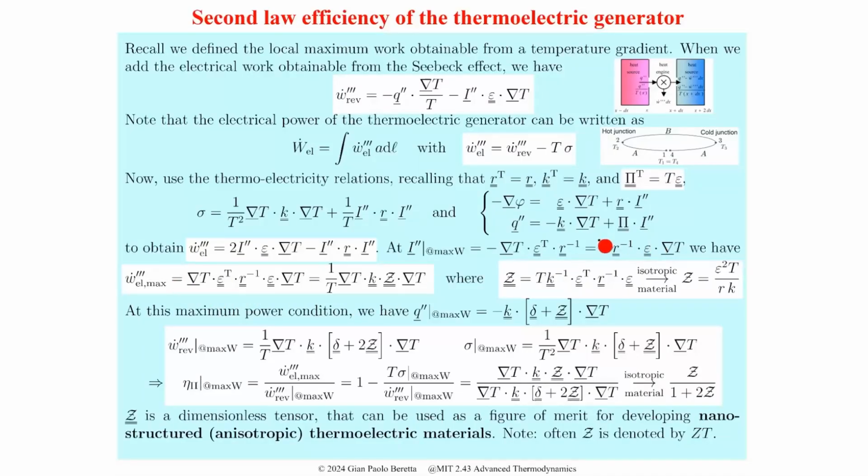And so if you compute this current, if you substitute this maximum current density at maximum power into the expression for the work, you get this expression here, where there begins to appear, now I highlight this parameter Z, which for an isotropic material takes this form, and it's what is called the figure of merit for the thermoelectric material.